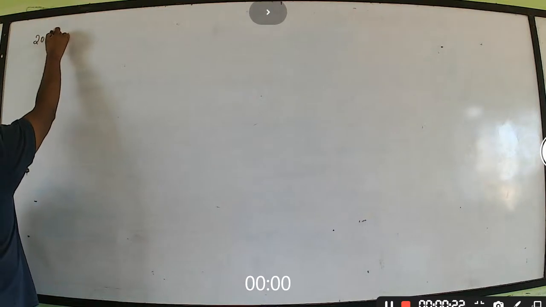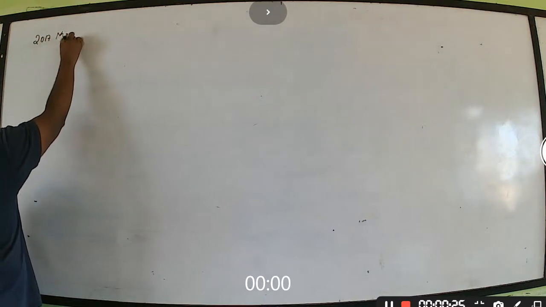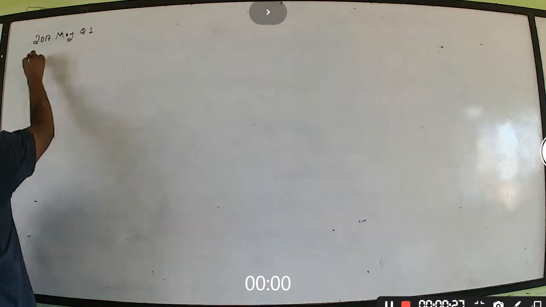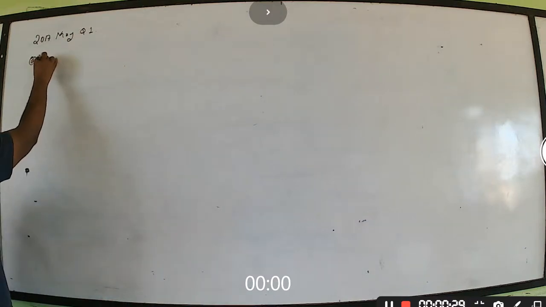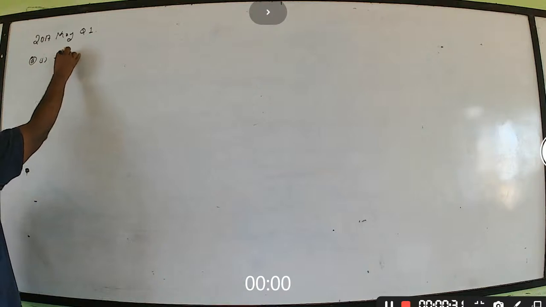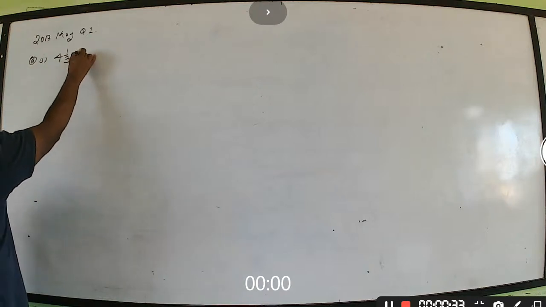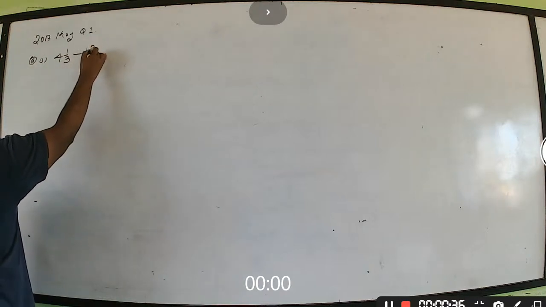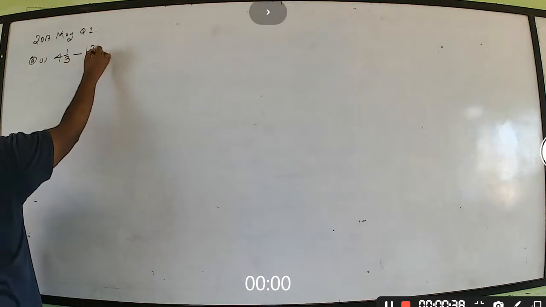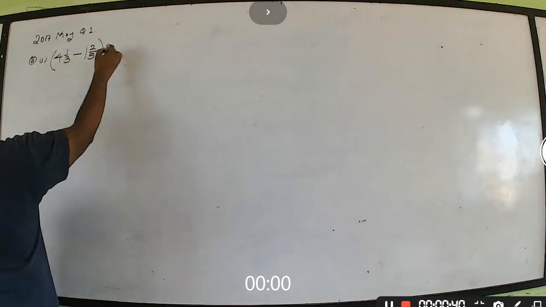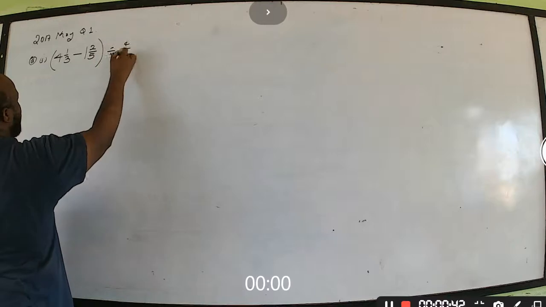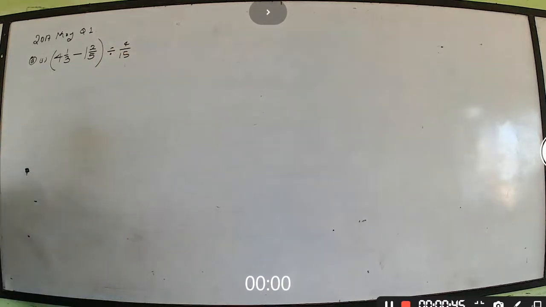So this is 2017, May, question 1, A, I: 4 and 1/3 minus 1 and 2/5, divided by 4/15. The first thing I would do is convert all mixed numbers to improper fractions.